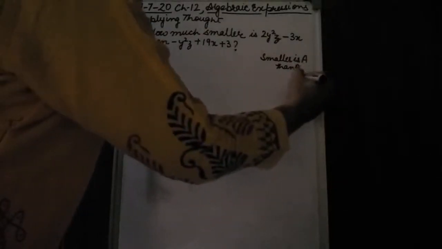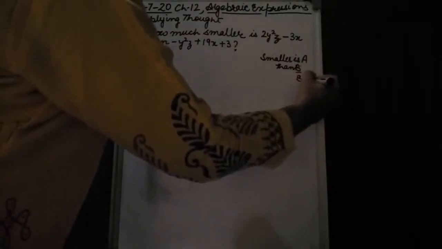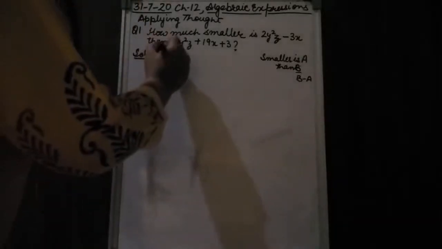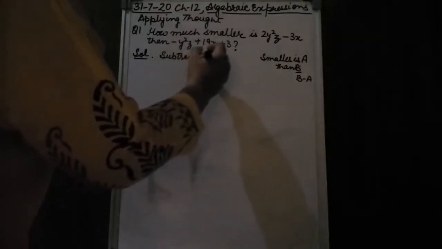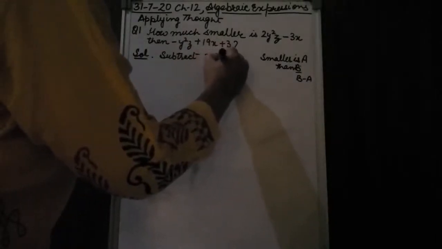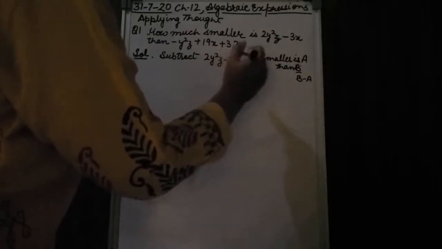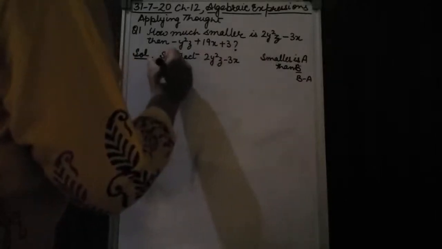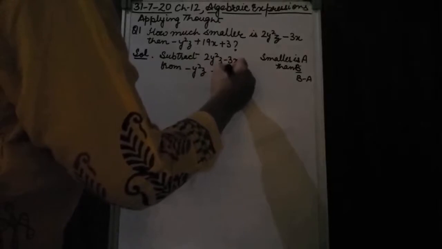It means B is larger, so B minus A. So subtract 2y square z minus 3x from minus y square z plus 19x plus 3.